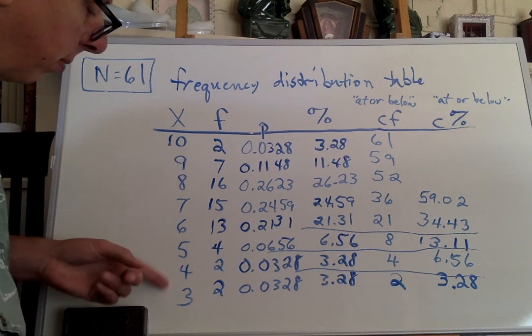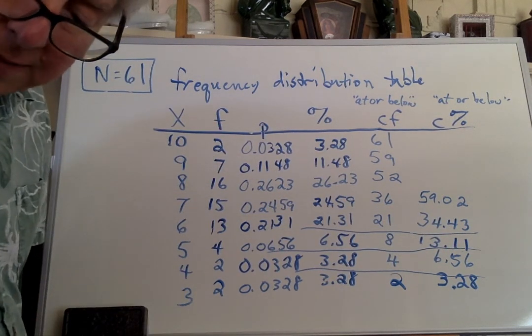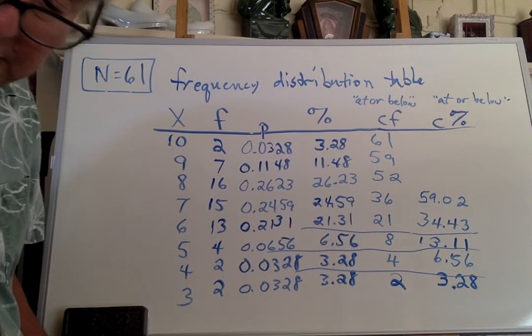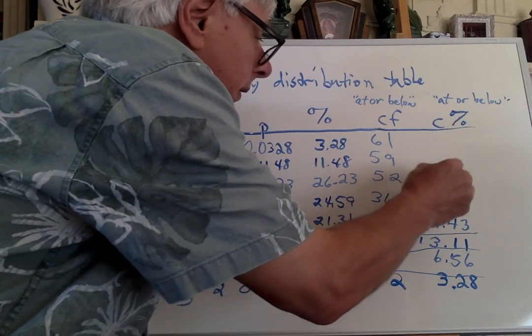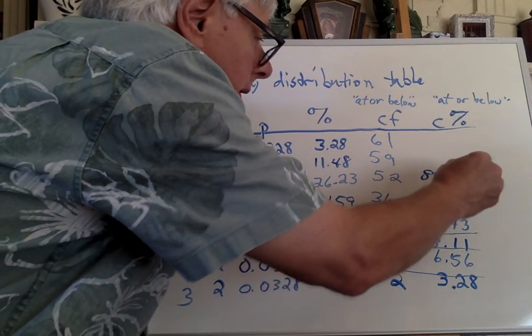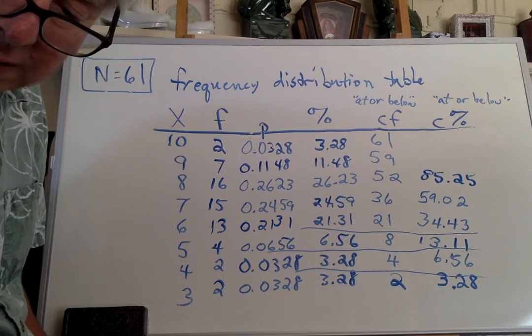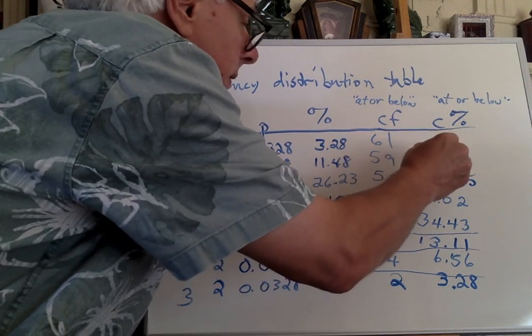Okay, 7 or below. That's what this does for us. And then 52 divided by 61, 85.25. And then 59 divided by 61, 96.72.